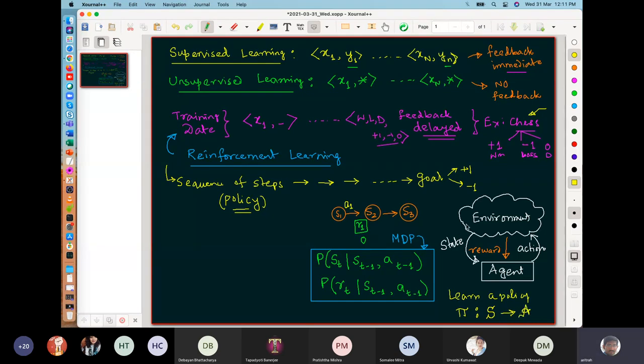That is my policy: when I start, I move my pawn from e2 to e4. Then the opponent plays the pawn from e7 to e5. So these are the actions that I take. With this sequence of actions, I need to reach a goal. Therefore, I want to learn this so as to maximize my reward and reach the desired outcome. This is the problem that we are trying to solve. Any questions till this point?